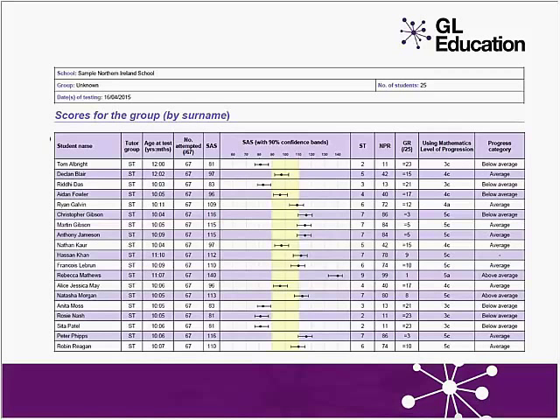If you can just read along the top of this table, obviously identifying the student and their group, their age when they had this assessment administered, the number of questions that were involved, and you have, as you can see there, the standard age score. The confidence band means that if Tom, on the top line, sat this assessment on another occasion, you could feel confident that his score would be within the range of that line that's on there.